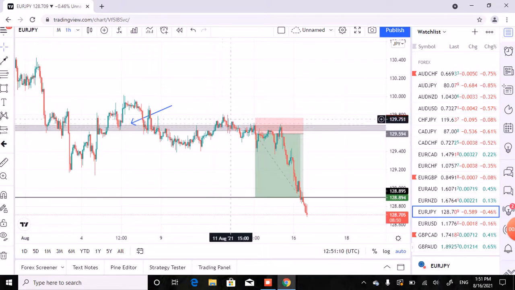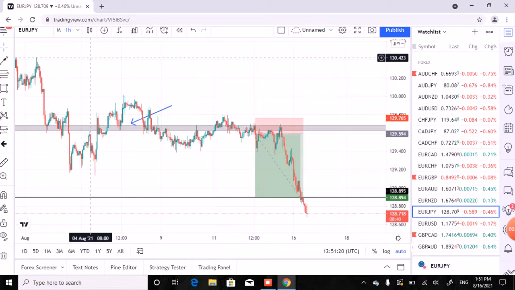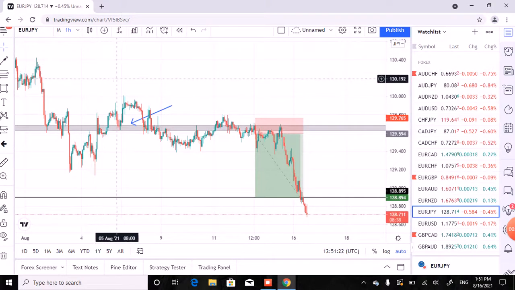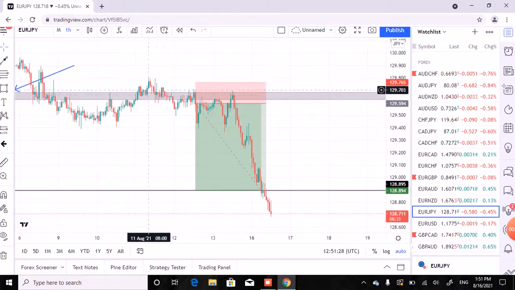Now during all these movements, I wasn't looking for entries right here because there was a confirmation I wanted to see, and that confirmation I wanted to come in either the form of a strong bearish rejection pulling away from this zone, which we cannot see here, or a bearish engulfing candle.